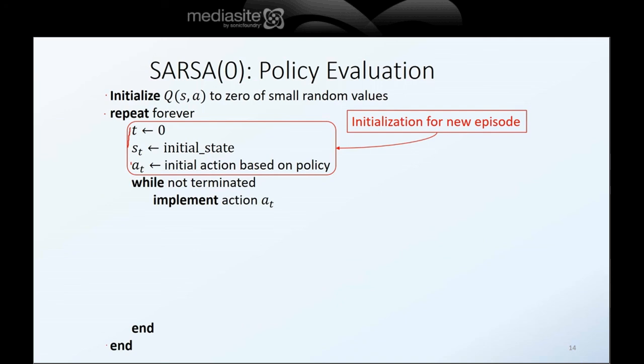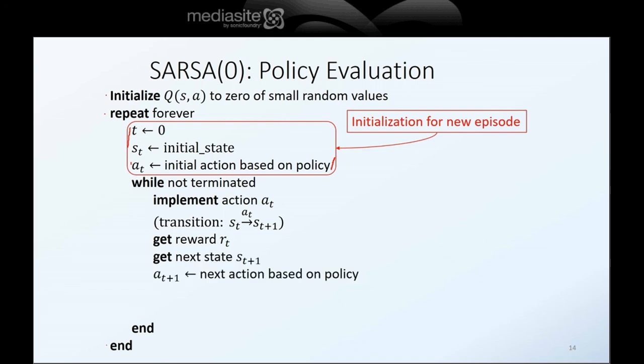So we implement action AT, which has already been identified here. We have already obtained AT. So we implement it upon the environment, and then the environment transitions to ST plus 1. It returns the reward RT and the next state ST plus 1 to the agent.